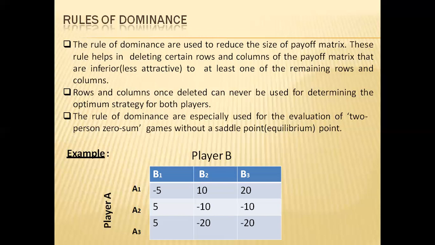In between one state and another state, there will be a T20 match, and the defeated team is out, while the winner plays another state. Like that, finally one team becomes the winner. Like that, eliminating the players is nothing but reducing the payoff matrix.